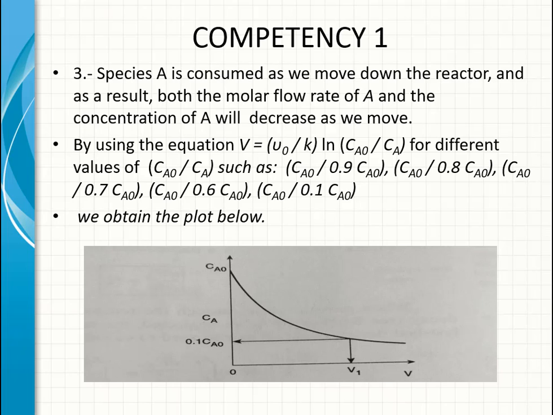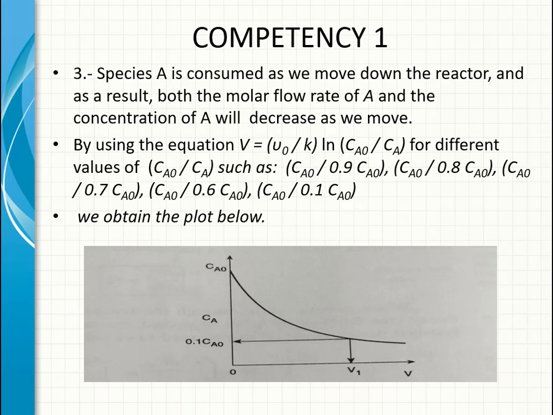Third question. Species A is consumed as we move down the reactor, and as a result, both the molar flow rate of A and the concentration of A will decrease as we move through the reactor. By using the equation that the volume is equal to the volumetric flow rate divided by K times the natural log of CA0 divided by CA, we can put different values for CA0 divided by CA, such as CA0 divided by 0.9 CA0.